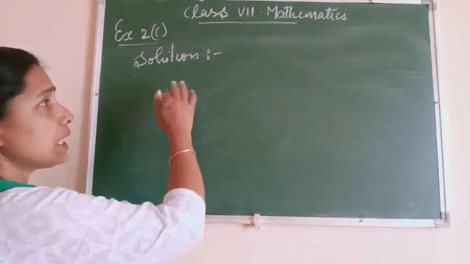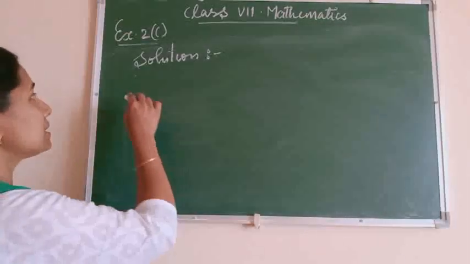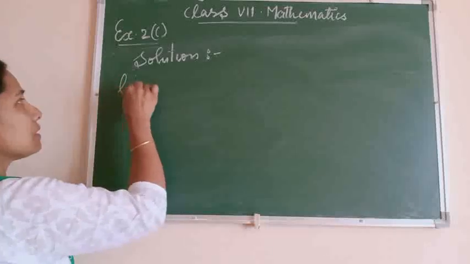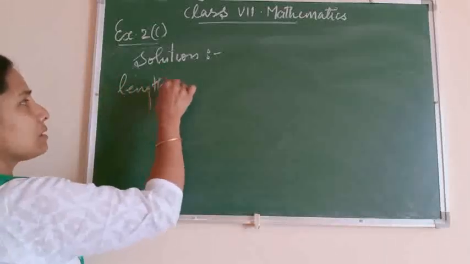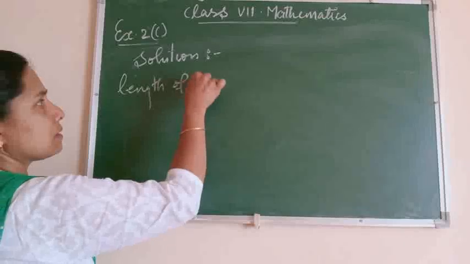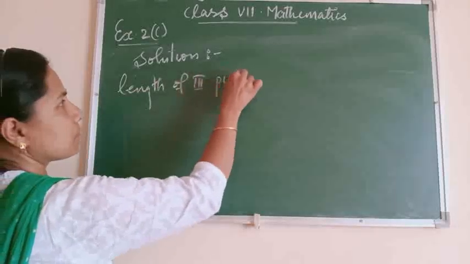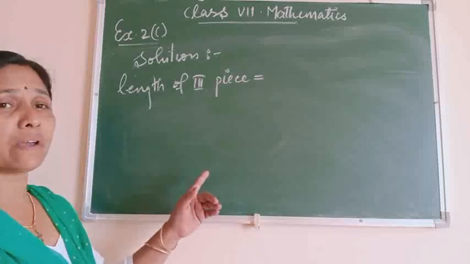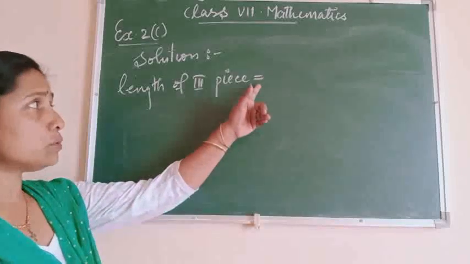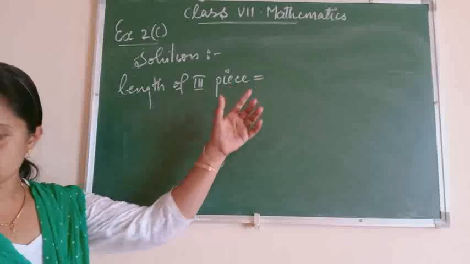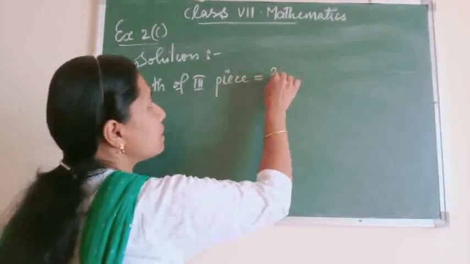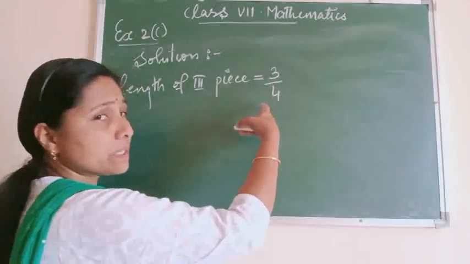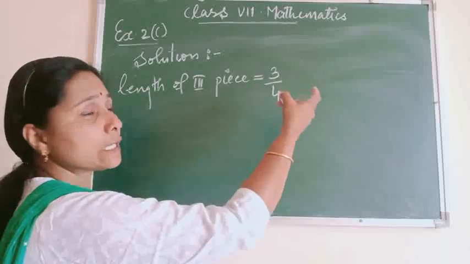After getting the length of the second piece, we are finding the length of the third piece. For getting the third piece length, we have to find the remaining length. You already know the total length, given as 3/4. From this, we have to subtract the length of the first piece and the length of the second piece.